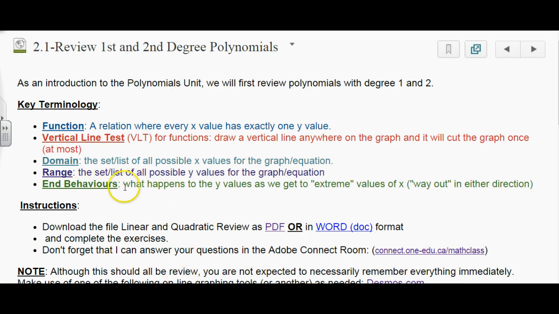And then end behaviors is probably the one where it may look different. What I'm asking you to do with that is just explain what happens as the graph continues out. So it says what happens to the y values as we get to extreme x values in either direction.